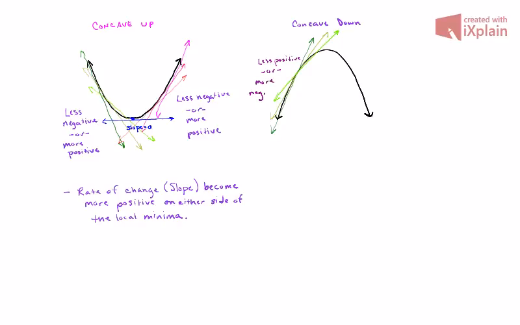And then again, once we reach, in this case, our local maxima, the tangent line is going to have a slope that's equal to 0. And now as we move to the right side of this function and we start drawing tangent lines, we're going to notice, okay, this line that we have in red has a negative slope because if you look at it from left to right, it is decreasing.